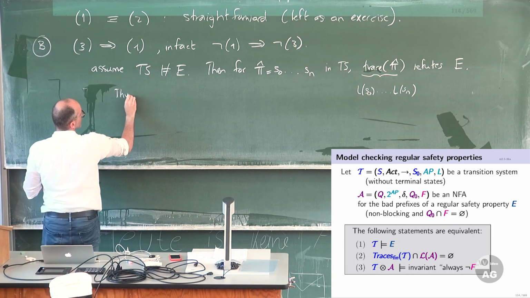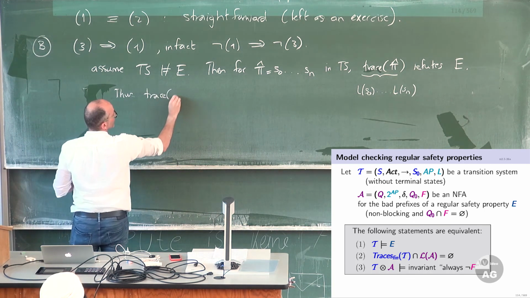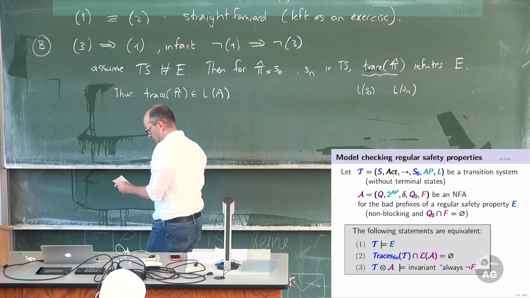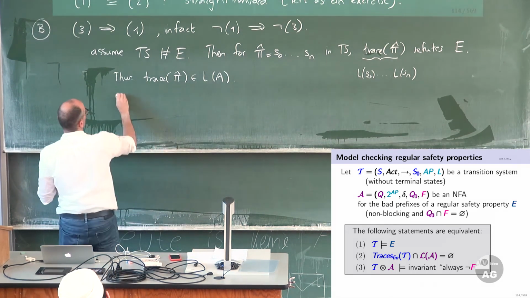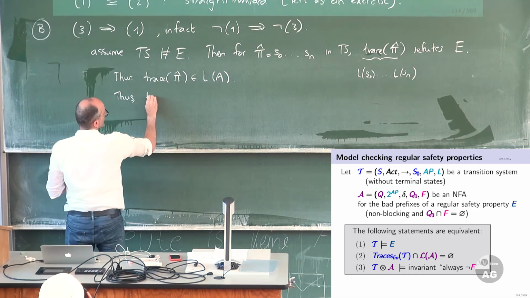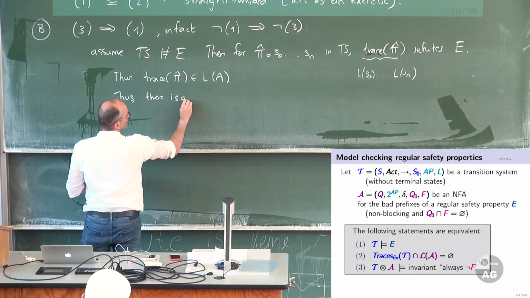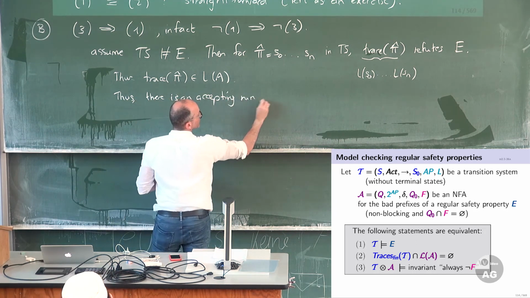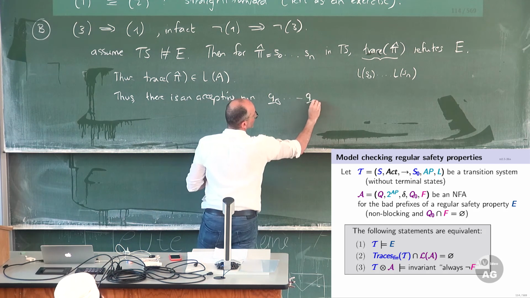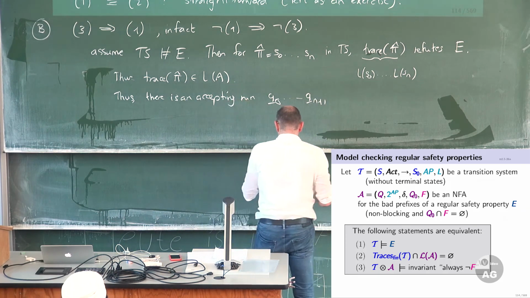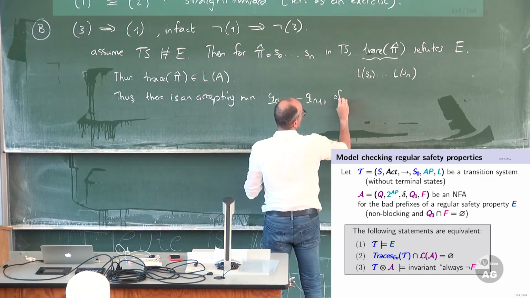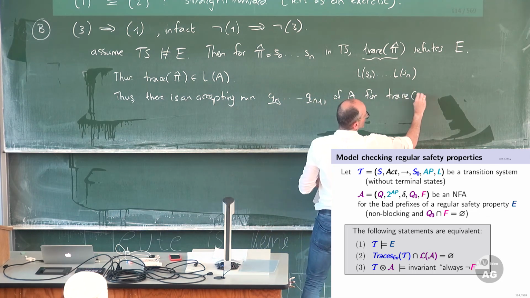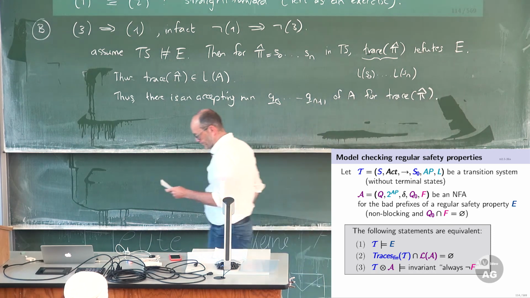Thus, the trace of pi hat belongs to the language of A. Thus, there is an accepting run Q0 to Qn+1 of A for the trace pi hat.